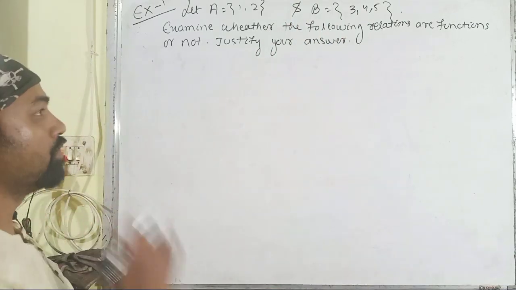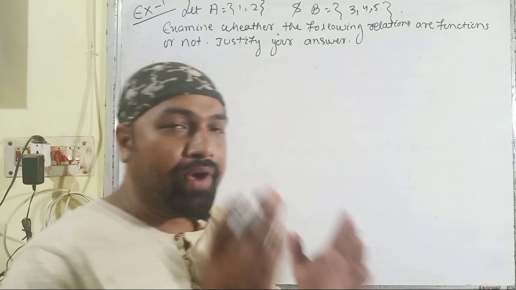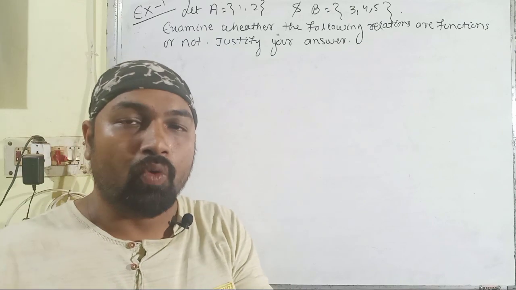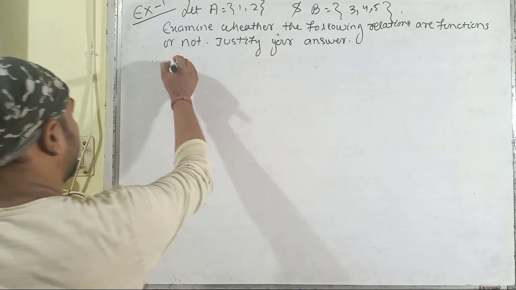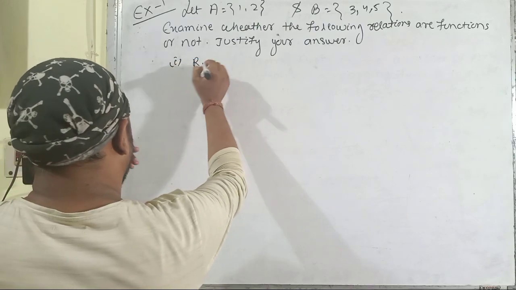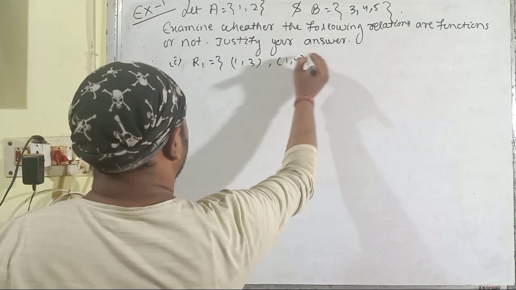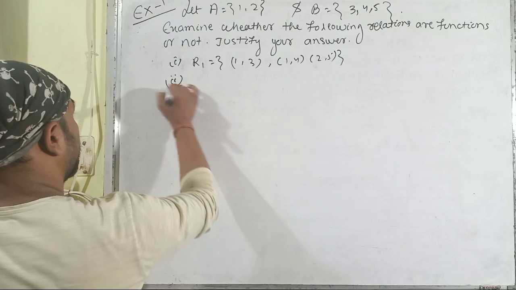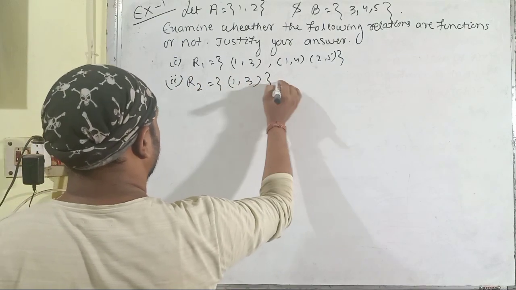I have to take some examples of relations, and then we have to examine whether these relations are functions or not. If they are not functions, then we have to justify it by giving some reasons. The first one is, suppose I have taken R1 equal to {(1, 3), (1, 4), (2, 5)}. The second one is R2 equal to {(1, 3)}.